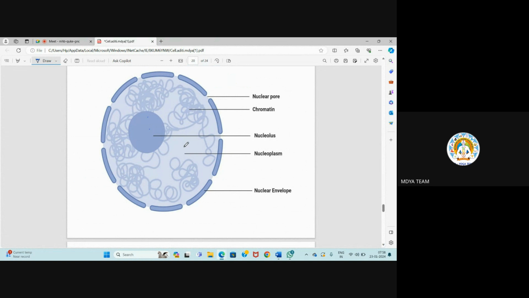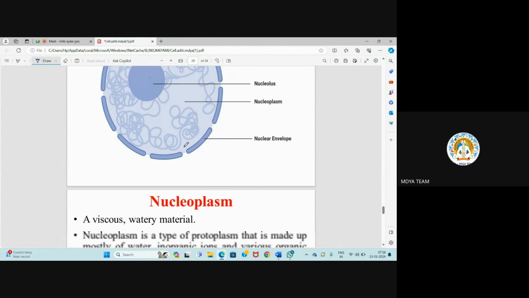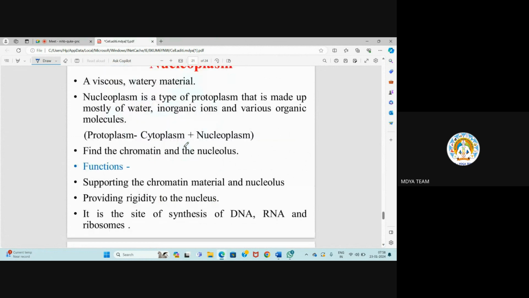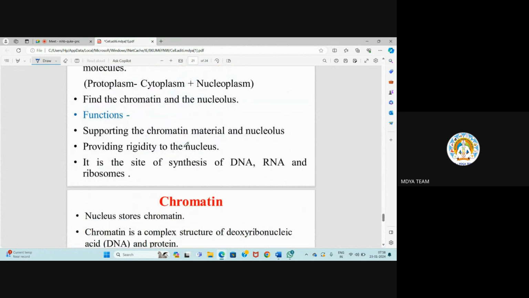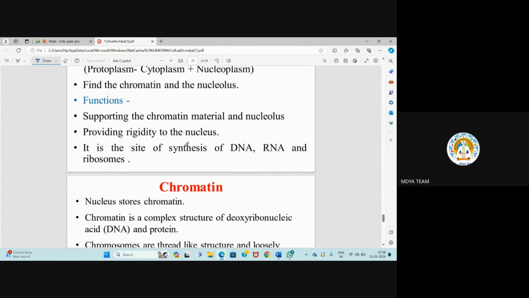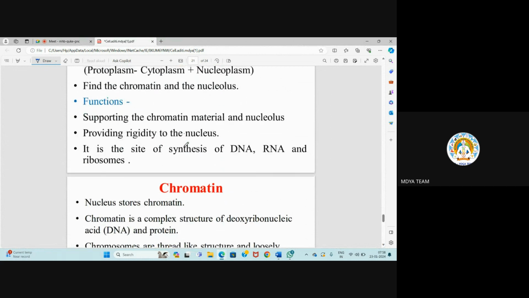Right? Is it clear? Yes, ma'am. Okay, clear. So let me go through the functions. What are the functions of nucleoplasm? Supporting the chromatin material and nucleolus, providing rigidity to the nucleus.